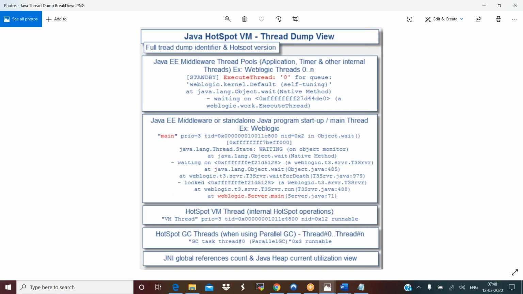The number of threads that you see depends upon the type of application server that you use, the type of version that you use, and other third party libraries. Because some of the middleware software that you're using can have their own libraries, and some of the application servers will have their own threads.